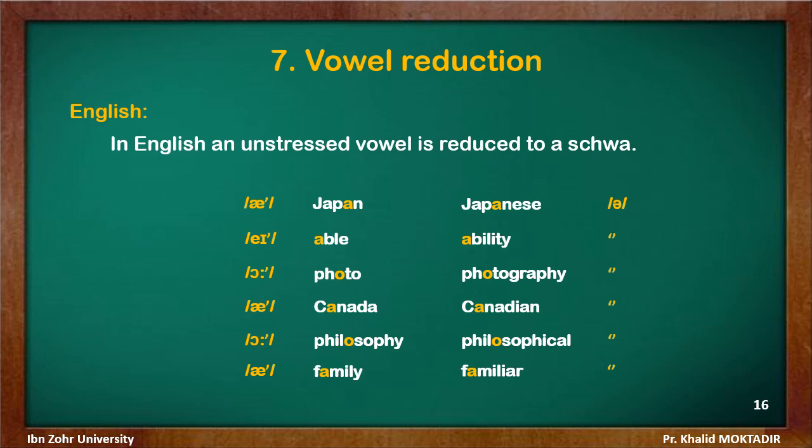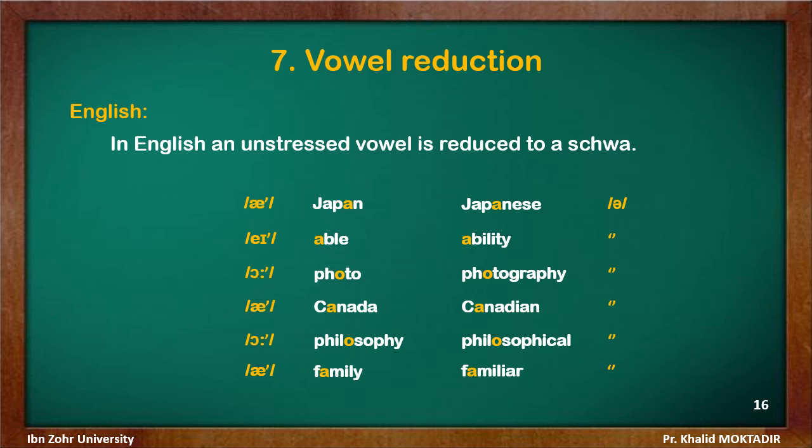The vowel a in able, when it is stressed, it's a. When it is unstressed, it's ability. The vowel o in photo becomes the schwa when it is unstressed in photography. The vowel a in Canada becomes the schwa in Canadian.